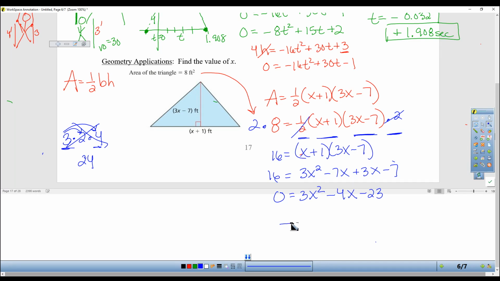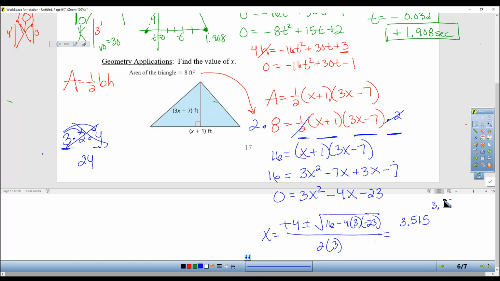So negative b plus or minus the square root of b squared minus 4ac all over 2 times a. So again, I'm not actually going to make you do this on your calculator, but you're going to want to type it in once with the plus, and when you do that, you get 3.515.